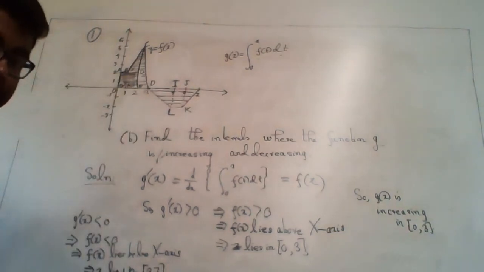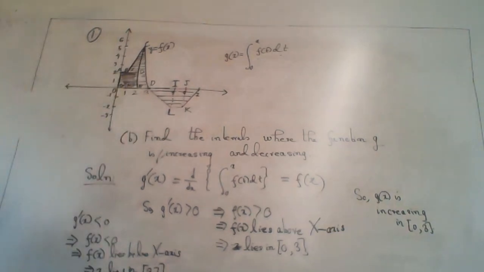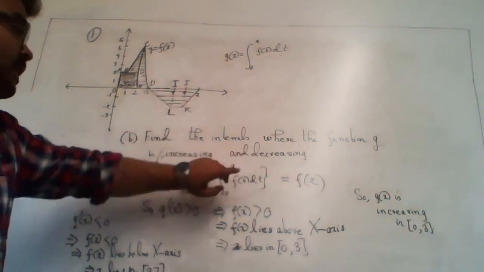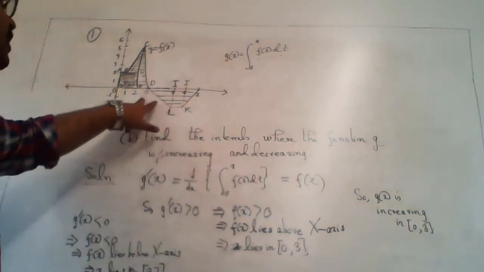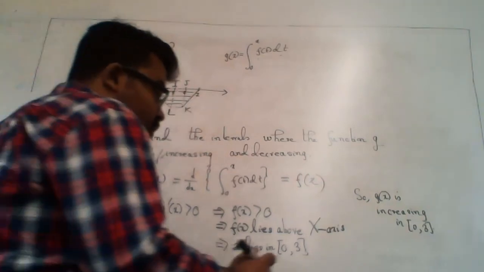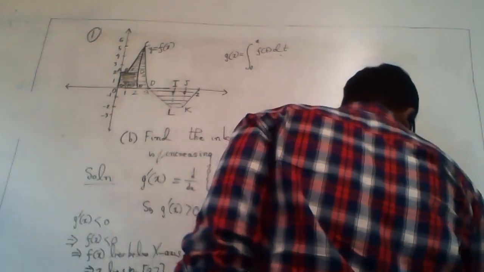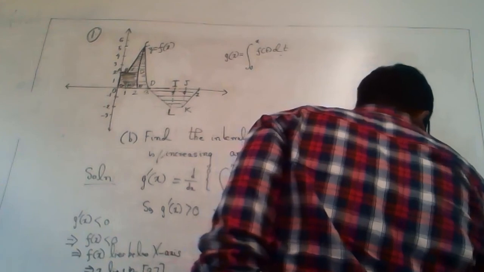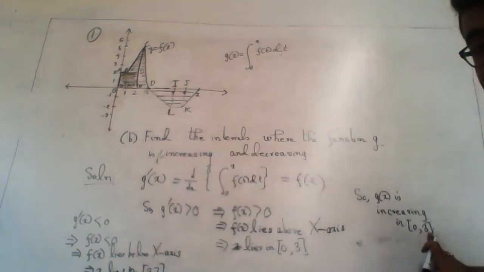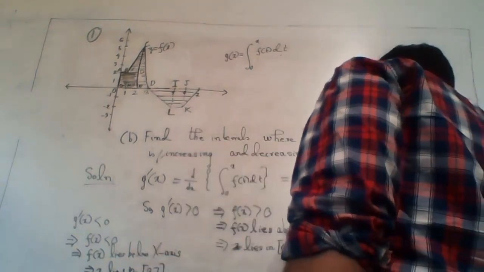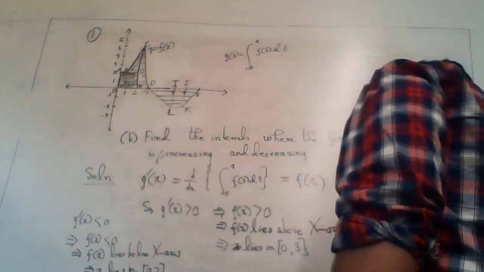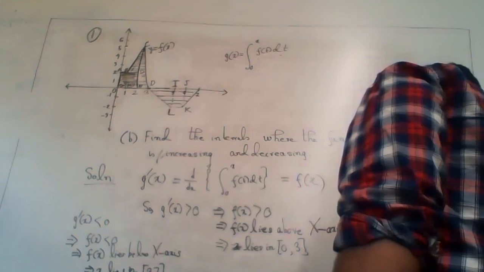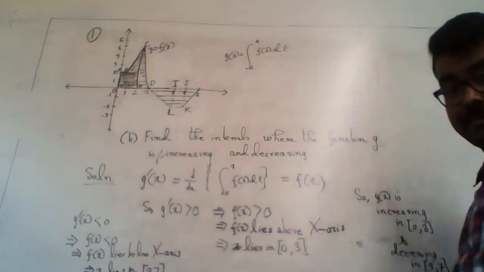Right? So combining, I can say that my function g is increasing in 0 to 3 and decreasing from 3 to 7. So g of x is increasing in 0 to 3 and decreasing in 3 to 7, right?